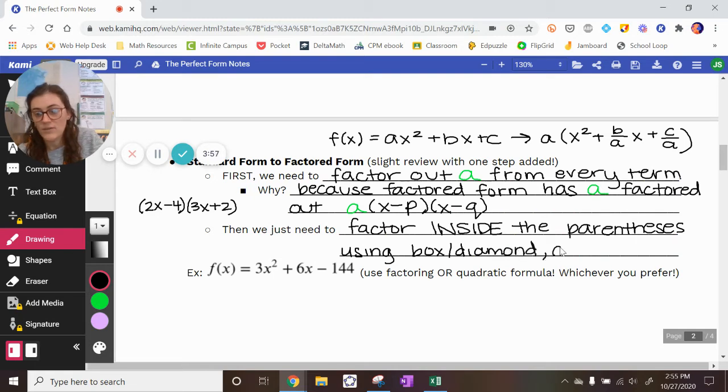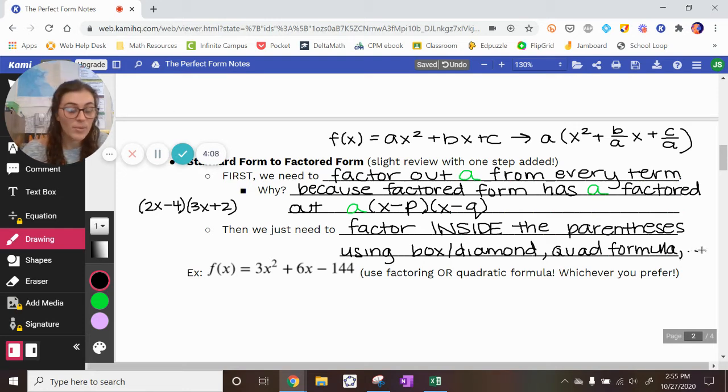If you like the quadratic formula, that works too. Or any other method. We talked about that Babylonian method in an exit ticket. If that was something that stuck with you, go for it. I don't really care how you solve it. I just care that you do solve it.